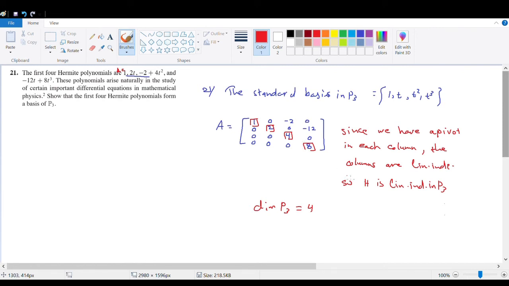The basis theorem states that these Hermite polynomials form a basis. So by the basis theorem, the given Hermite polynomials form a basis for P3.